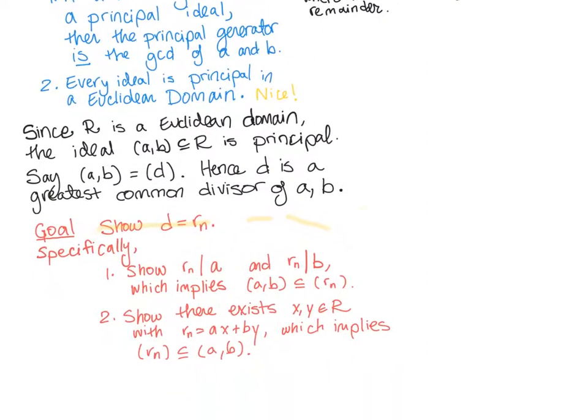Specifically, we're going to show that Rn divides A and divides B. This implies that the ideal generated by A and B is contained in the ideal generated by that Rn. And we're going to show that we can write this Rn term as an R linear combination of A and B, which gets us the reverse containment, and then we know we've found the right generator. So let's get to it.